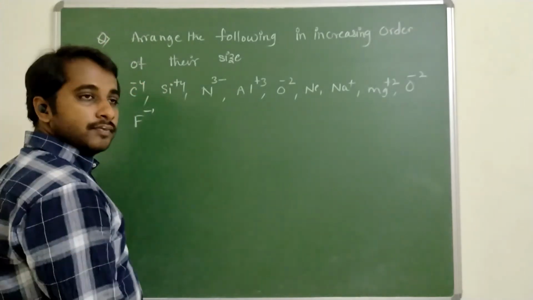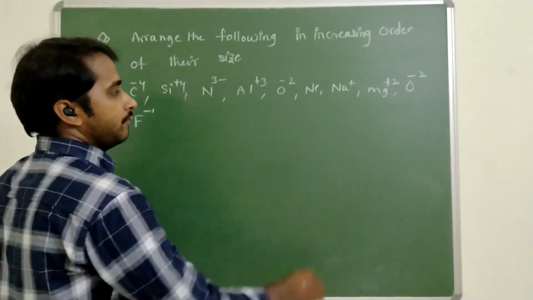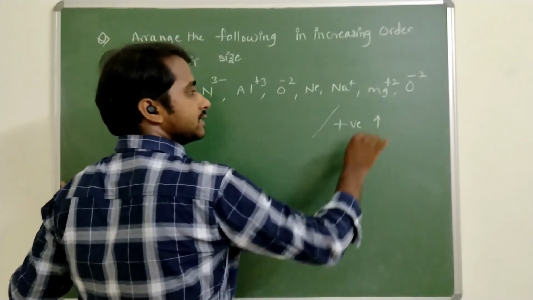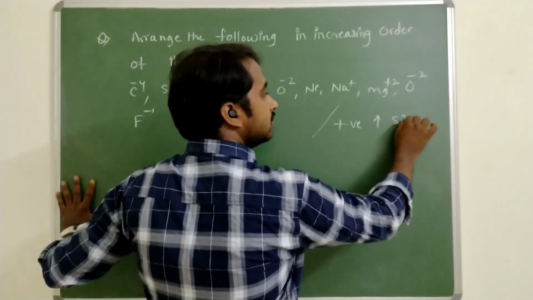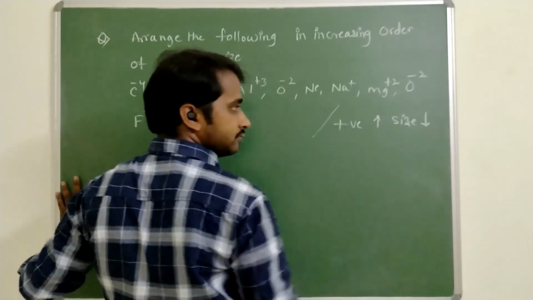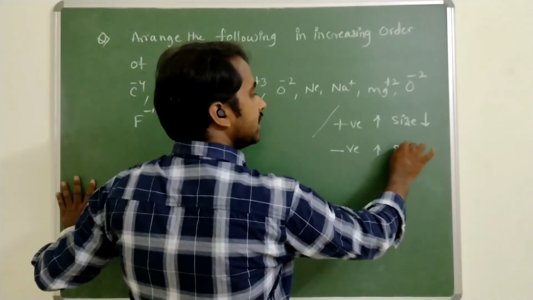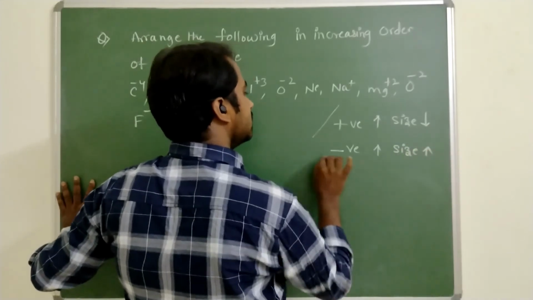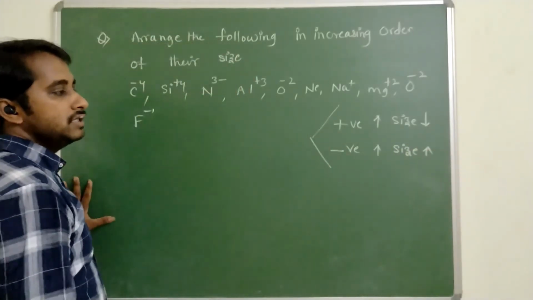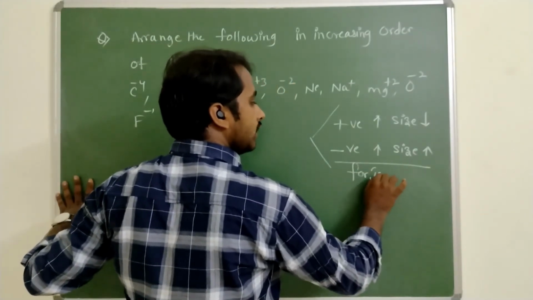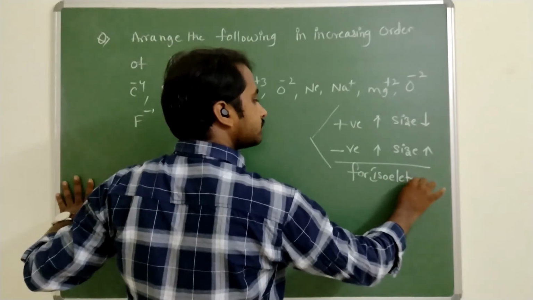For these types of questions we have one shortcut. If positive charge increases, size decreases. If negative charge increases, size increases. Just remember the shortcut. This is applicable only for isoelectronic species.